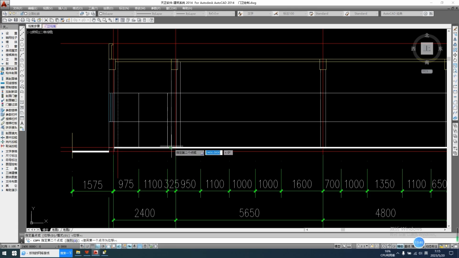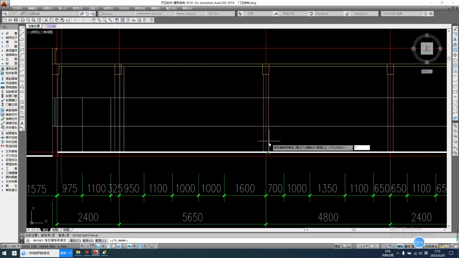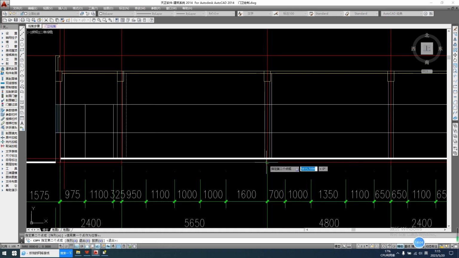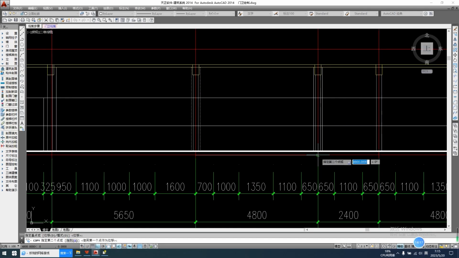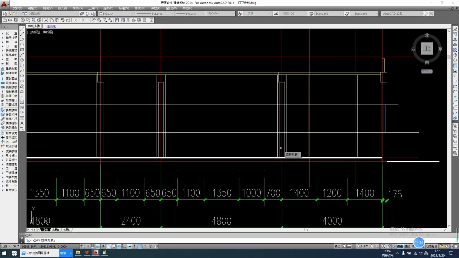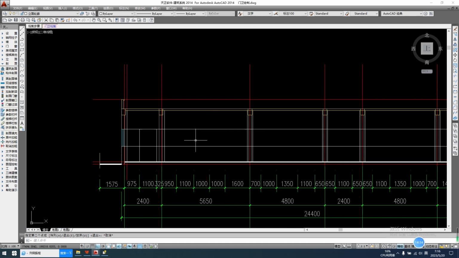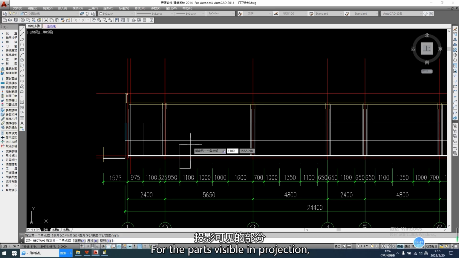Copy the column edges. Continue to draw the doors and windows for the parts visible in projection.